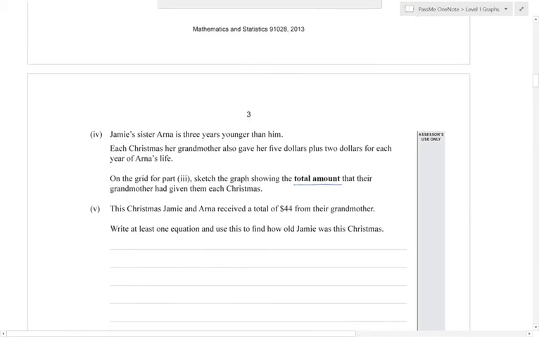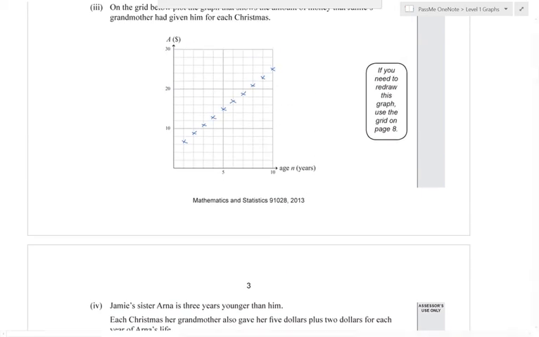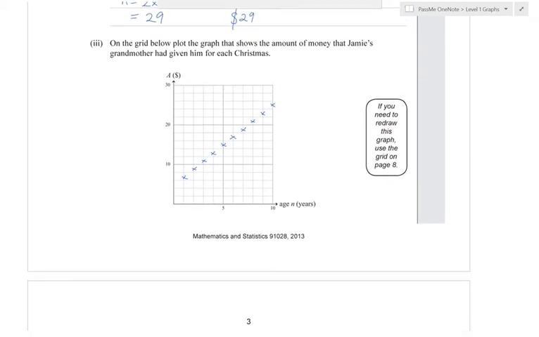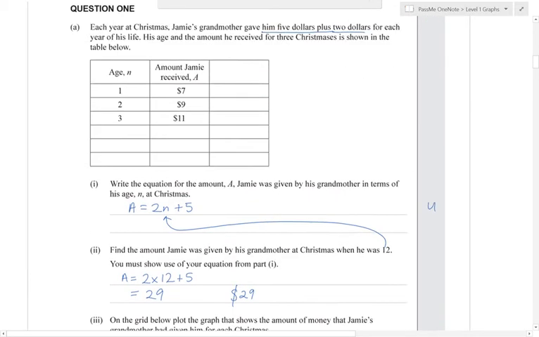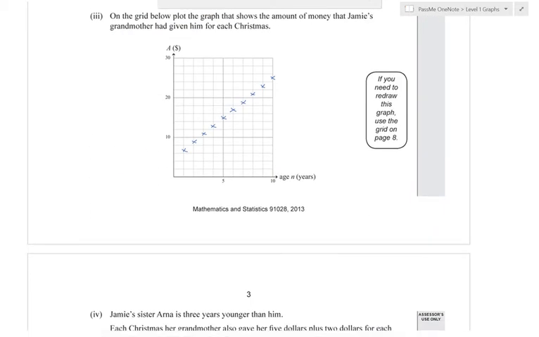If she's 3 years younger, then she's going to be getting an amount on her first Christmas, and that's going to be 7. If we look at her first Christmas, it's going to be when her brother, what's his name again? Jamie. It'll be when Jamie's 4th Christmas is.